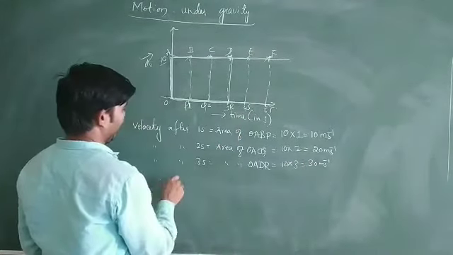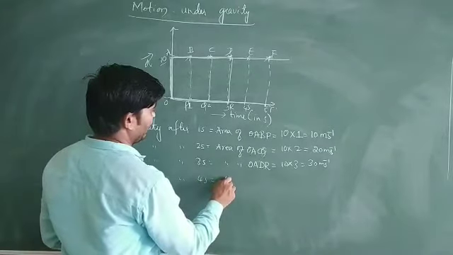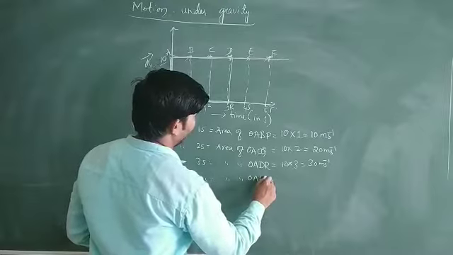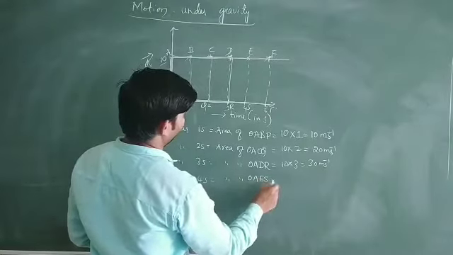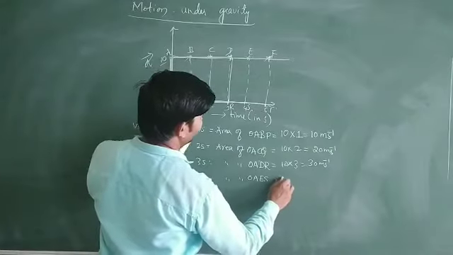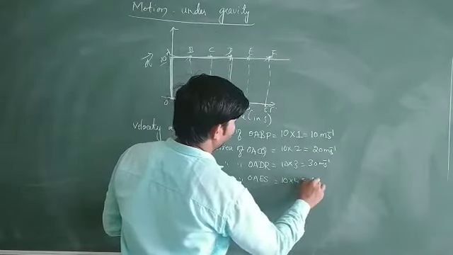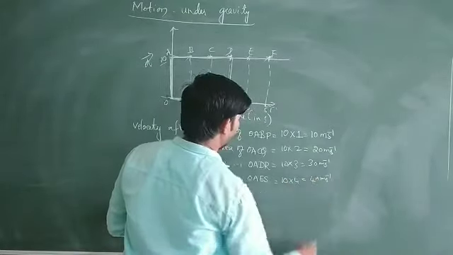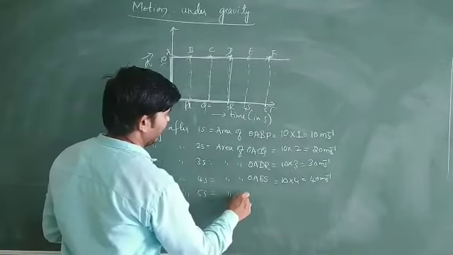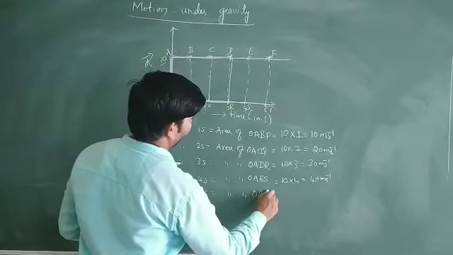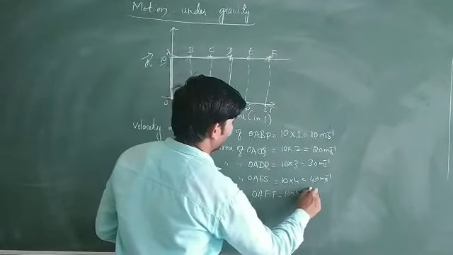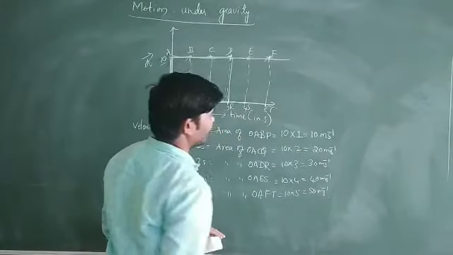The velocity after 4 seconds is the area of OAES, which is 10 into 4, that is 40 meter per second. And the velocity after 5 seconds is the area of OAFT, that is 10 into 5, 50 meter per second.